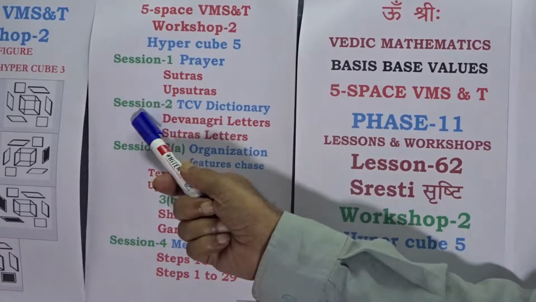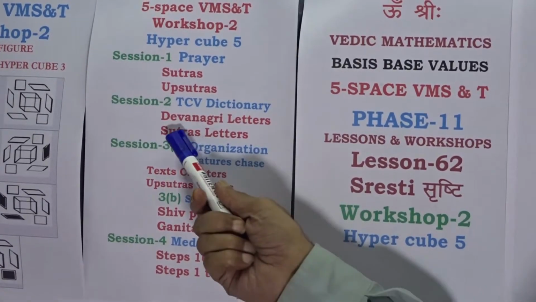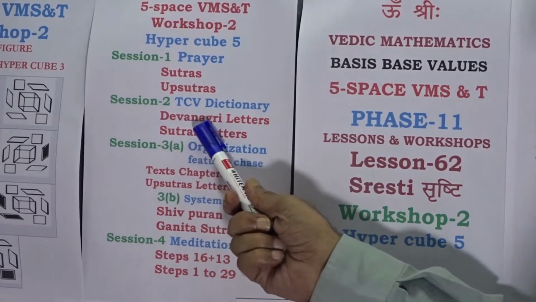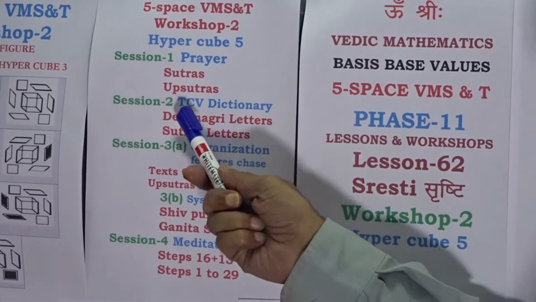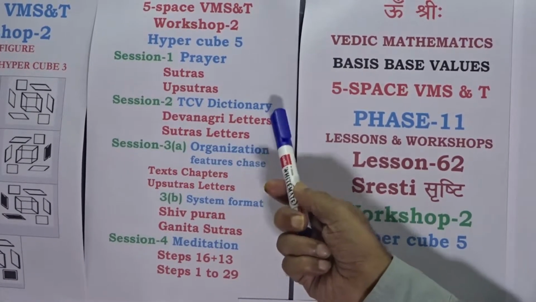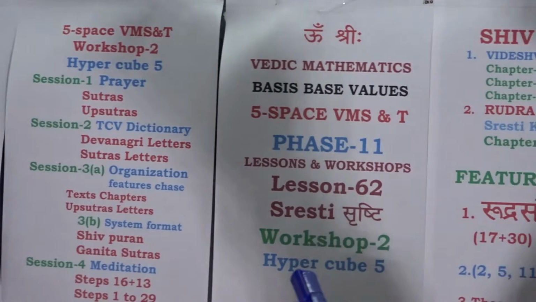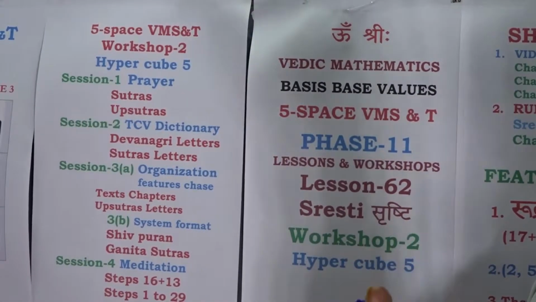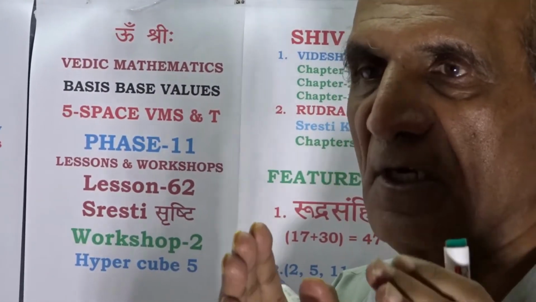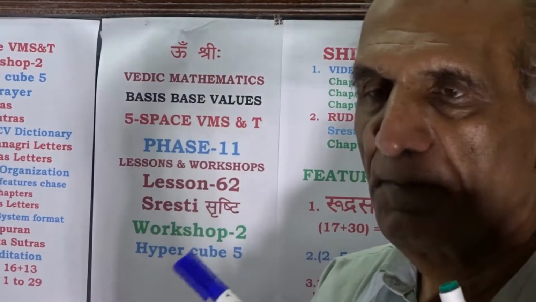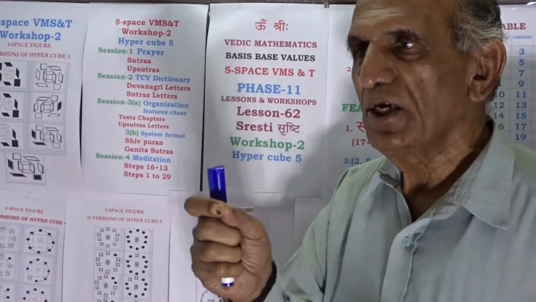The second session focuses upon the TCV dictionary. Previously we were focusing upon the Devanagari letters as individual word letters, and therefore the individual letters of the Devanagari alphabet which accept the transcendental code values 1 to 16 were taken care of. So in our TCV dictionary, the first part, which opened in the previous workshop, was to focus upon the individual letters.